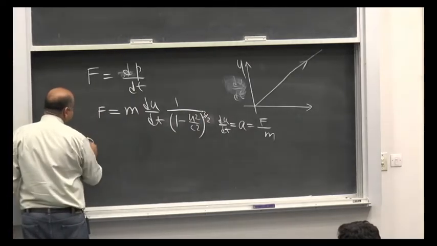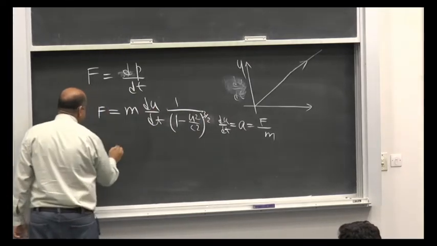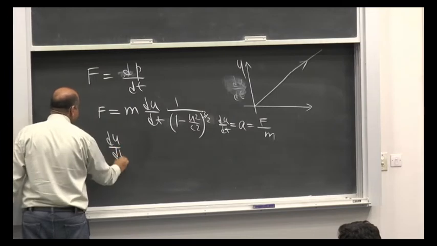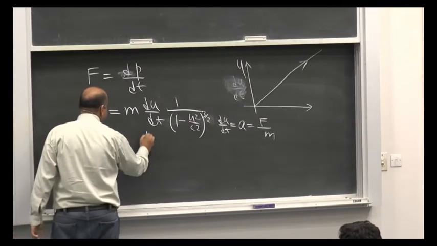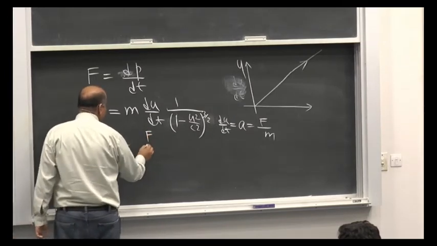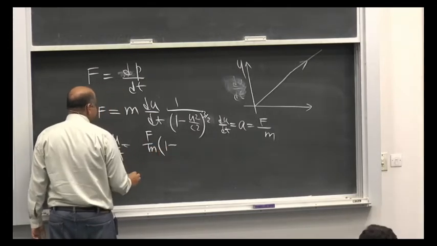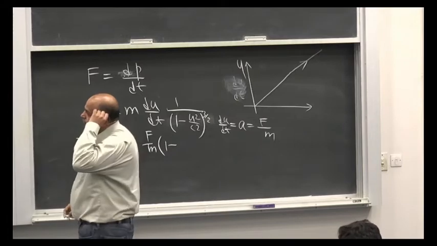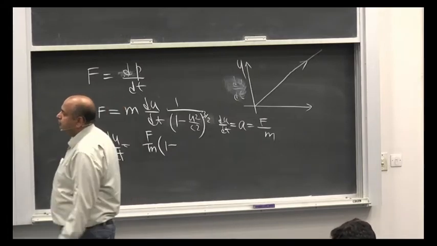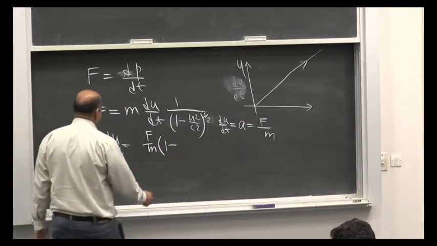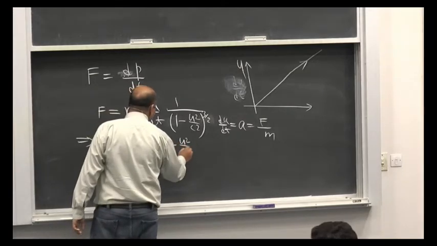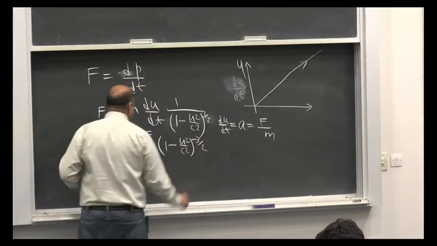So from here, if I find the acceleration, du by dt is equal to F over m times (1 minus u square over c square) to the power minus 3 by 2.